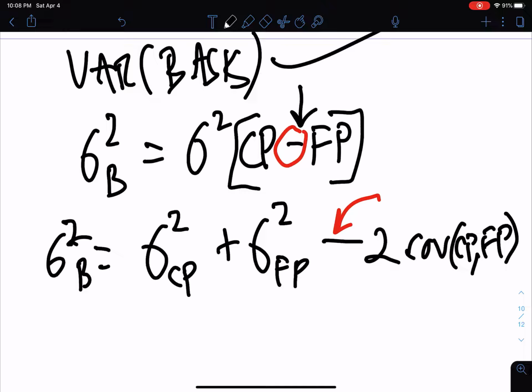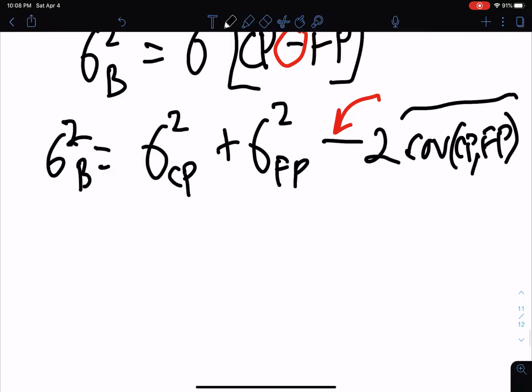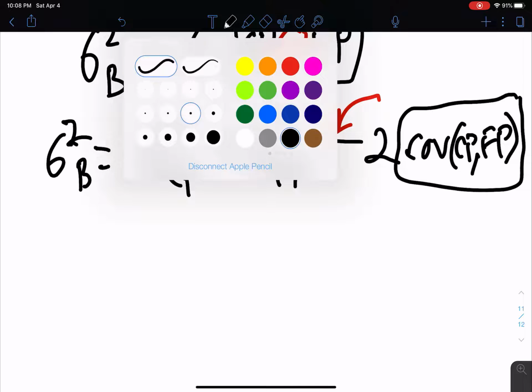So now we're going to plug in the correlation equivalent for this term. Write it in blue now.